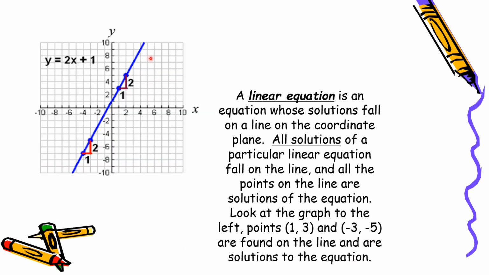A linear equation is an equation whose solutions all fall on a line in a coordinate plane. All solutions of a particular linear equation fall on the line, and all the points on the line are solutions of the equation. Look at the graph at the left.